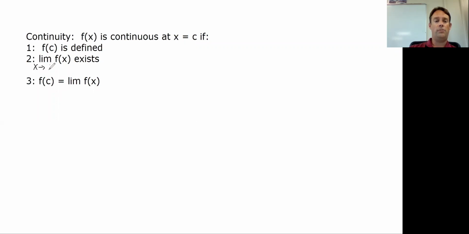Notice, we're only dealing with a specific value here. We're only dealing with one value of x. We're not dealing with the entire function. We're dealing with one value of x. So if we go back to the last problem we just dealt with, I just want to look at it briefly here.